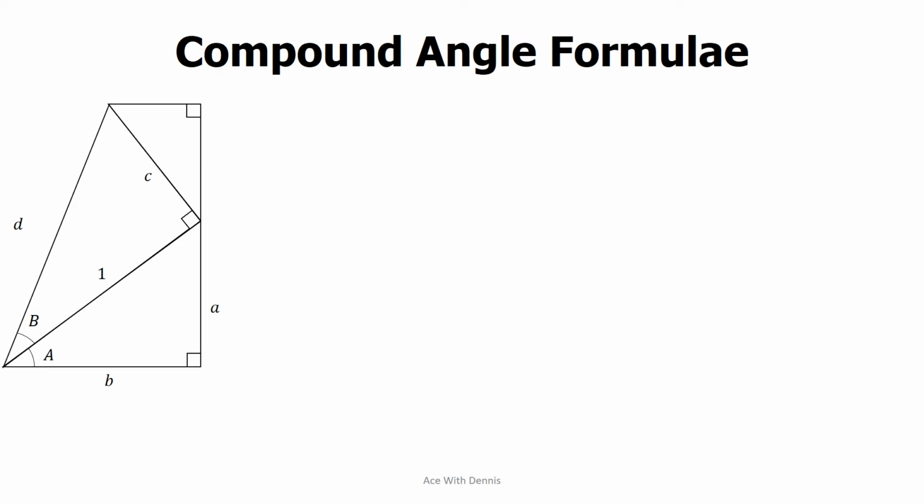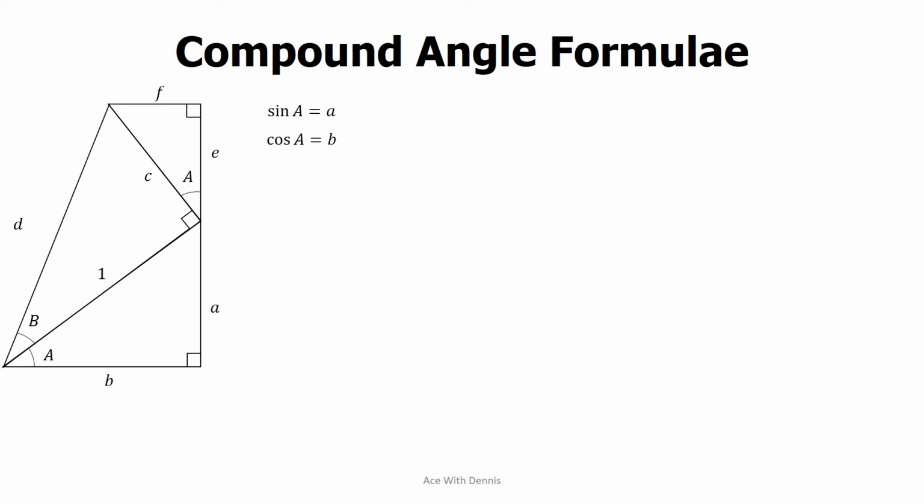Now we draw another right angle triangle here. So this angle will be A, this side will be e, and this side will be f. Now from this diagram, sine A will be equal to a, because it is a over 1, so that's why it's a.